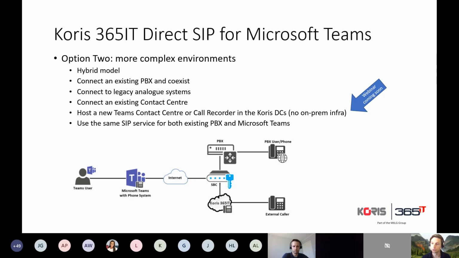With our solution, we can plug all that into your SIP service and allow you to make and receive calls between your Teams clients and your legacy contact center or whatever the old on-prem equipment is. That's something we do regularly. It's not a new thing for Teams for us. So we can support those more complex environments and give you a safer, lower risk migration plan as we move users over from one system to another.